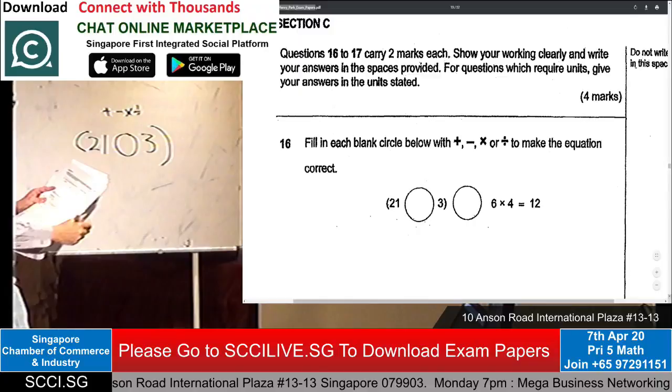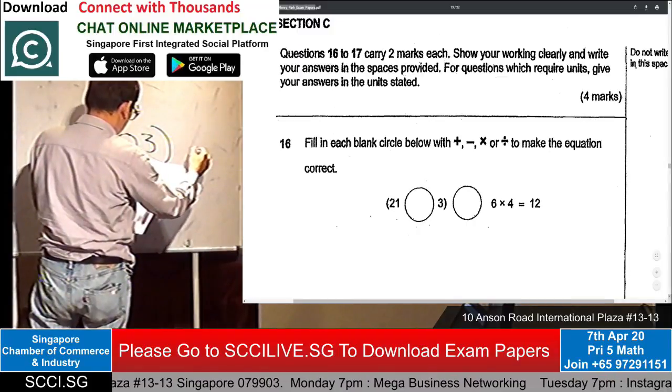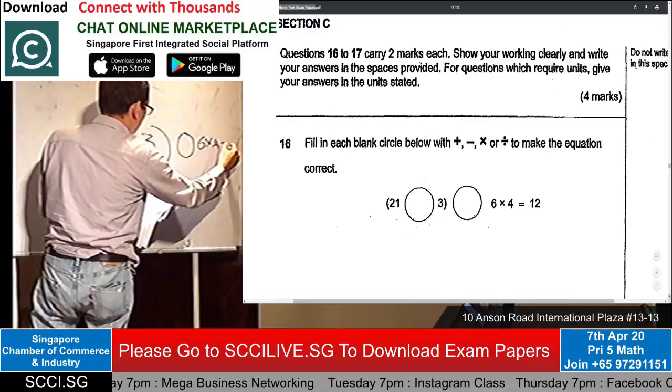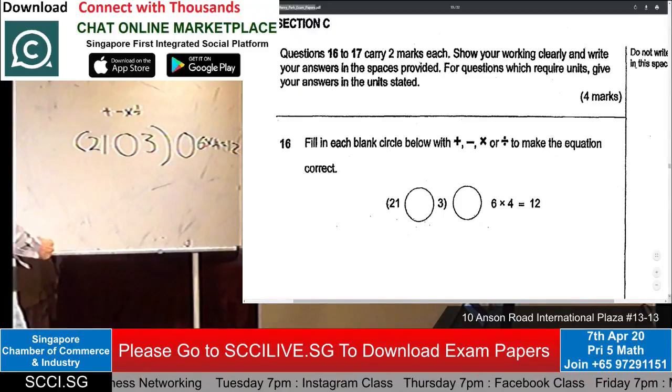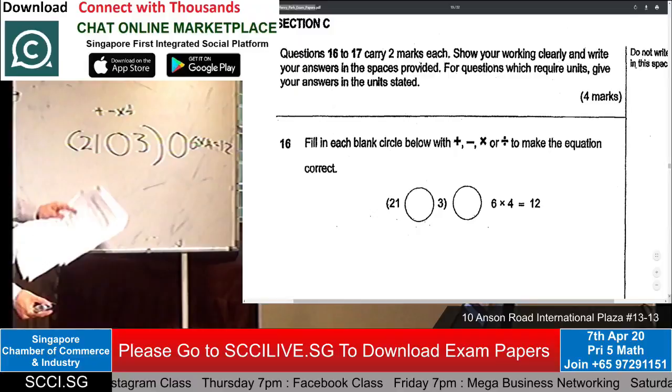Then after that, minus away. There is one more label. Okay, 6 times 4 equal to 12. Able to see? Okay, shift a bit. Still able to see.